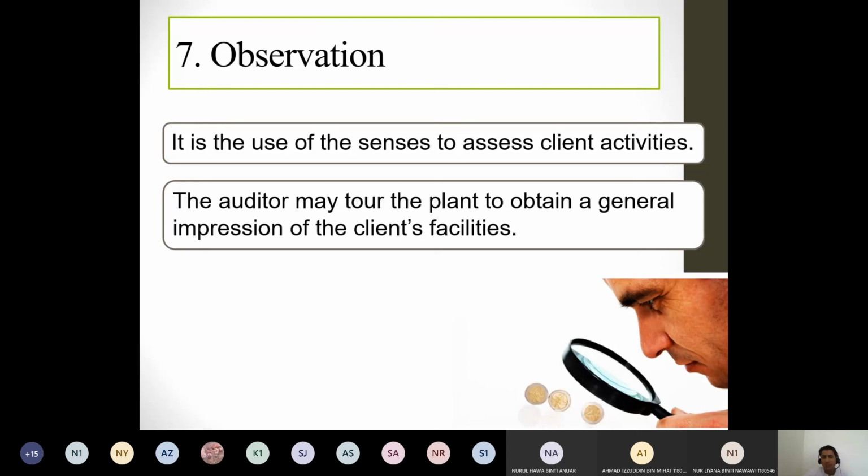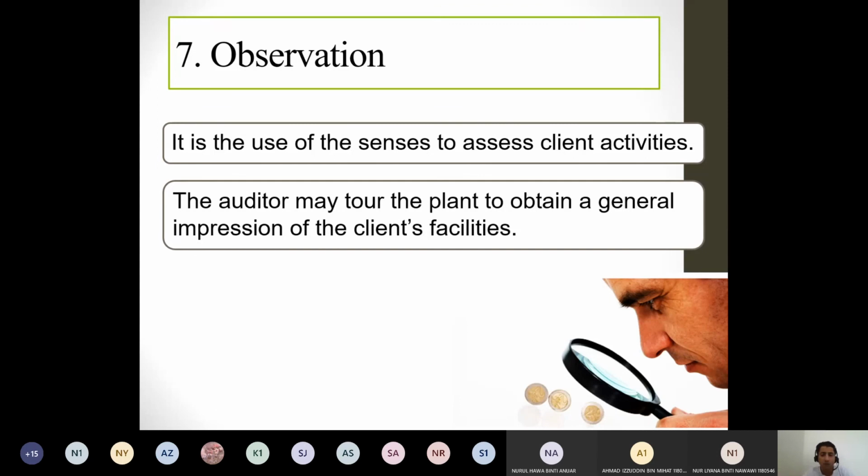They use their senses to assess the client's activities. The auditor may go on a tour of the plant to obtain a general impression of the client's facilities. Especially with a new client, the auditor will do some visits, maybe to the office, go to the client's warehouse to check how secure it is, and check the locks, the CCTVs, and so on.